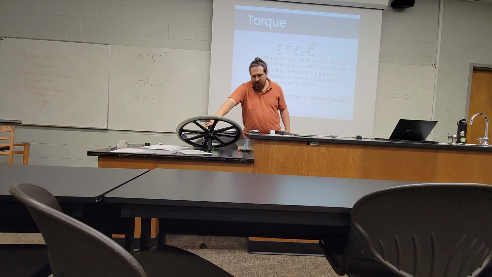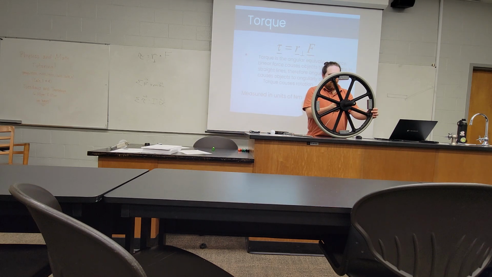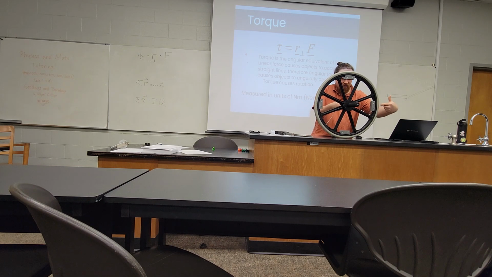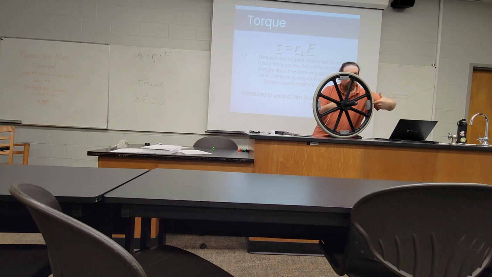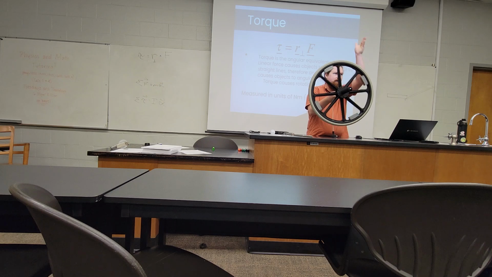Looking at the bike wheel again, note that to make this spin, if I'm physically holding it here, this point is horizontally a distance away from the axle. And if you grab it here, what direction do you think to move your hand in to make it spin? Down, or alternatively up.